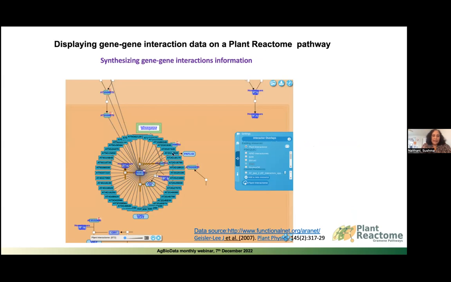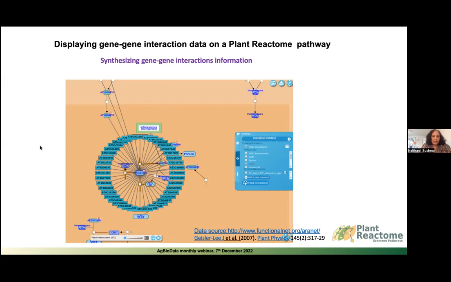And that data can be displayed in this wheel card way, and you can use that to see how the genes that are not currently in Plant Reactome can be associated with some of the pathways or some of the reactions. So this is really nice because it somehow complements our slow biocuration and allows us to look into some of the genes in interaction data and use them.